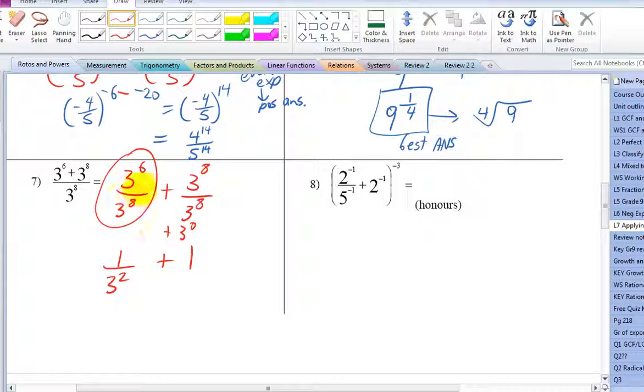Because 8 take away 6 is 2. You could have written it as 3 to the -2, but then you'd have to fix it. So I took a shortcut there. Okay. And so this equals 1 over 9 plus 1, which is 1 and 1/9. Final answer.